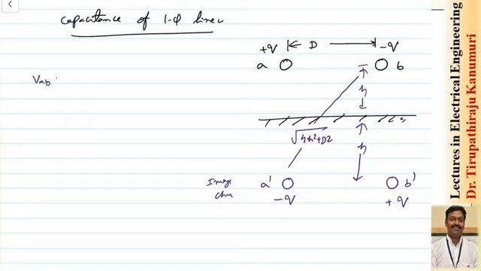So VAB will be equal to 1 by 2 pi epsilon naught into, how to calculate this? Take any charge. QA I have taken, ln of the distance of this charge with respect to the point B, because I want to calculate from A to B. So the distance with respect to B will be DAB, and the distance with respect to conductor A, we will take as the radius R only.